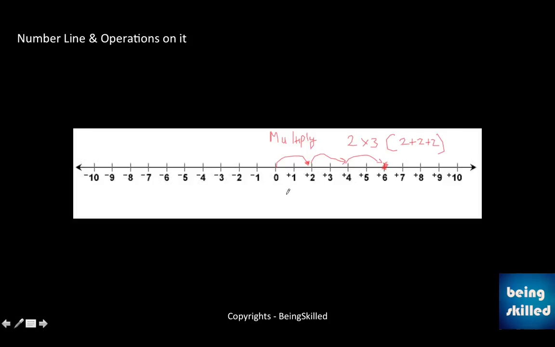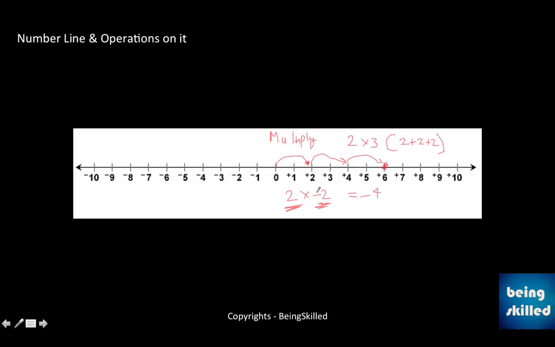Now if you want 2 into minus 2, so how to do that? So starting from 0, since we are having 2 and minus 2, so the result is minus 4. This is something which we know. So how to draw that on number line, or how to show that on number line?